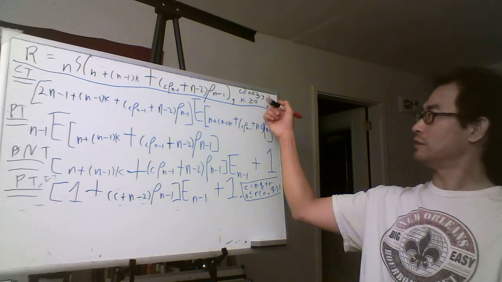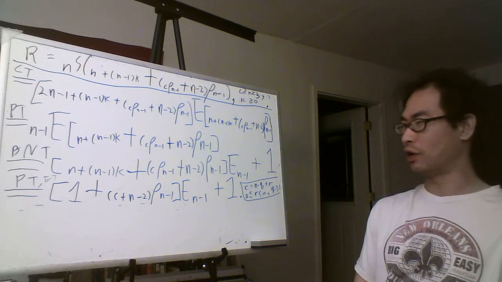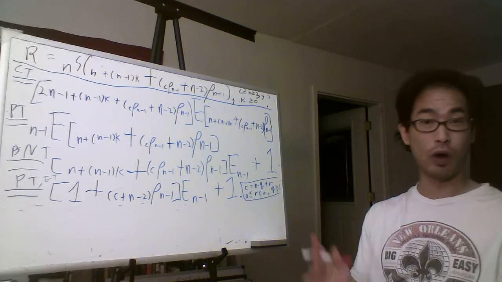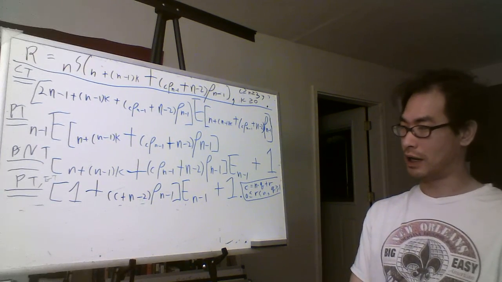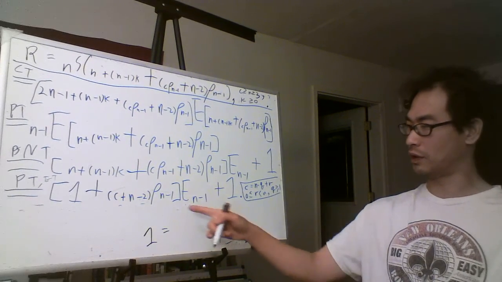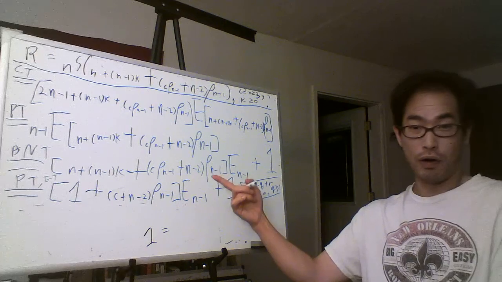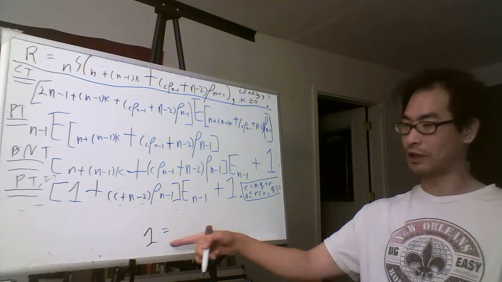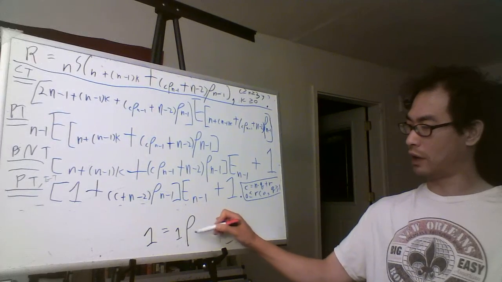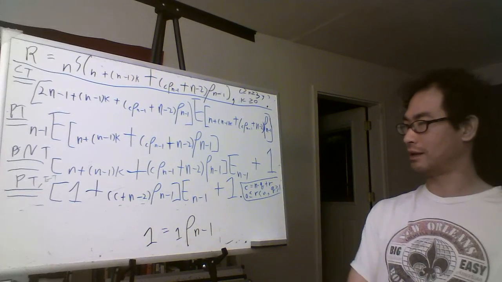When n is 3 or more, n minus 1 is 2 or more, which is bigger than 1. So we can express 1 as 1 rho n minus 1. That's the key.